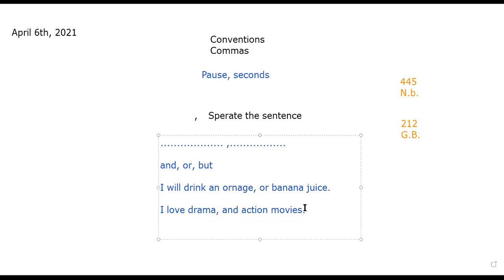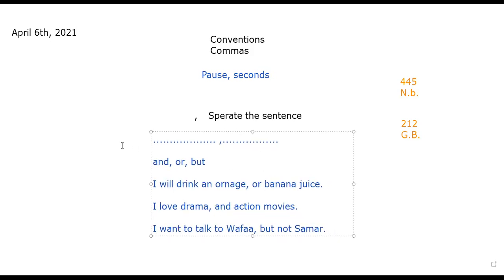Also, when I say, I want to talk to Wafa, but not Summer, for example. All of these sentences right here have what we call a conjunction. A conjunction is the kind of word that links two sentences together.